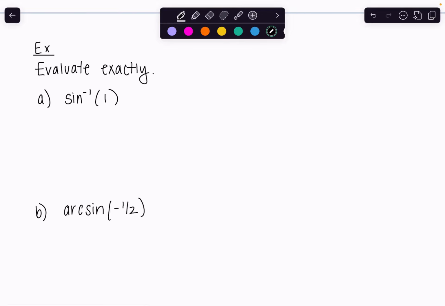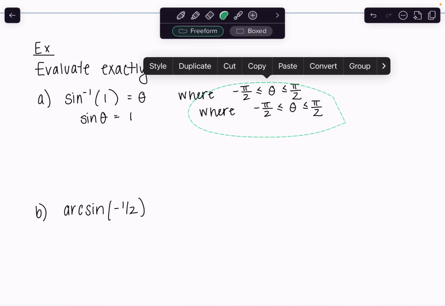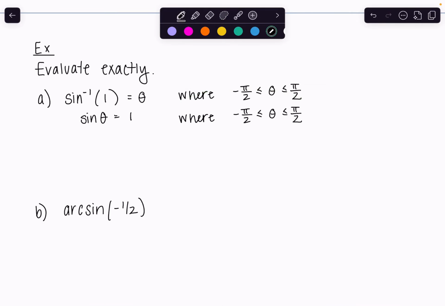So starting out for the first one, this is going to be some angle where that angle is between negative pi over 2 and positive pi over 2. So this way I only get a single output. That's the same thing then as asking where does sine of theta equal 1 for exactly this interval.